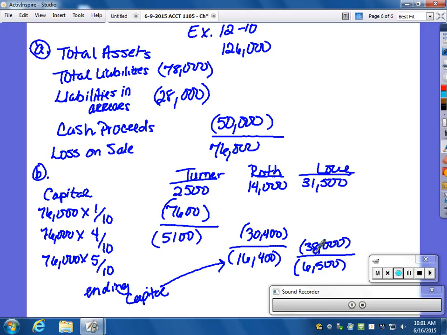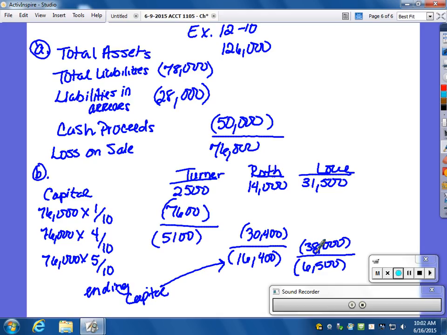When you're a general partner, how does it change how you share a deficit or a gain in the liquidation of a business? Do general partners share equally? Not quite. So you want to use the ratio? We still have to use those same ratios, the 1, 4, and 5. That doesn't change.